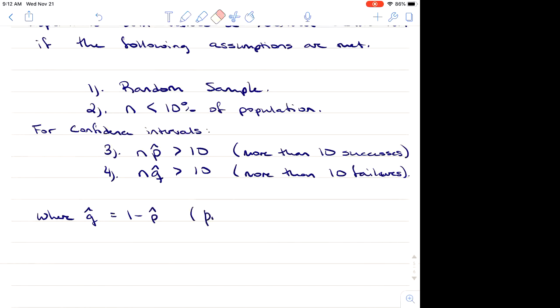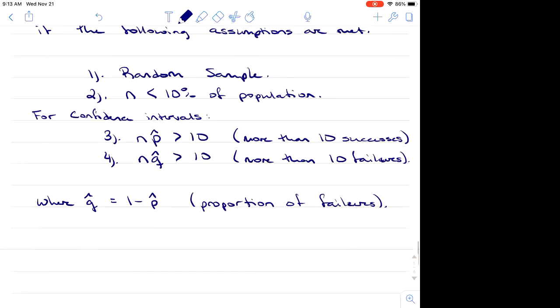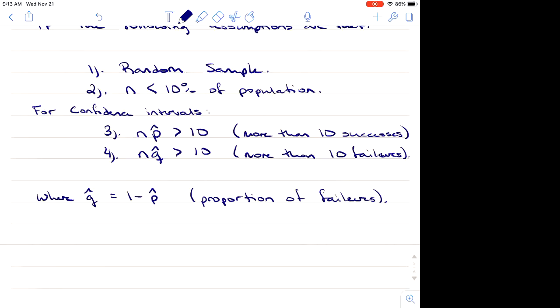Or it's the proportion of failures. So on your formula sheet, I have the general where q is 1 minus p. So q hat is 1 minus p hat, q is 1 minus p, q naught is 1 minus p naught, right? It's always just going to be the opposite.